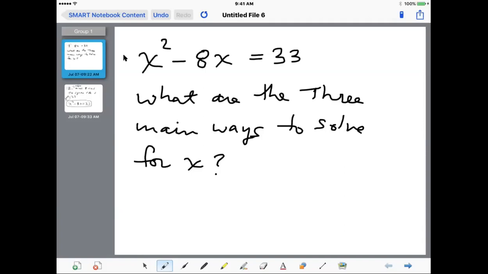So I see factoring and quadratic formula. There's a third way that hasn't been mentioned yet.